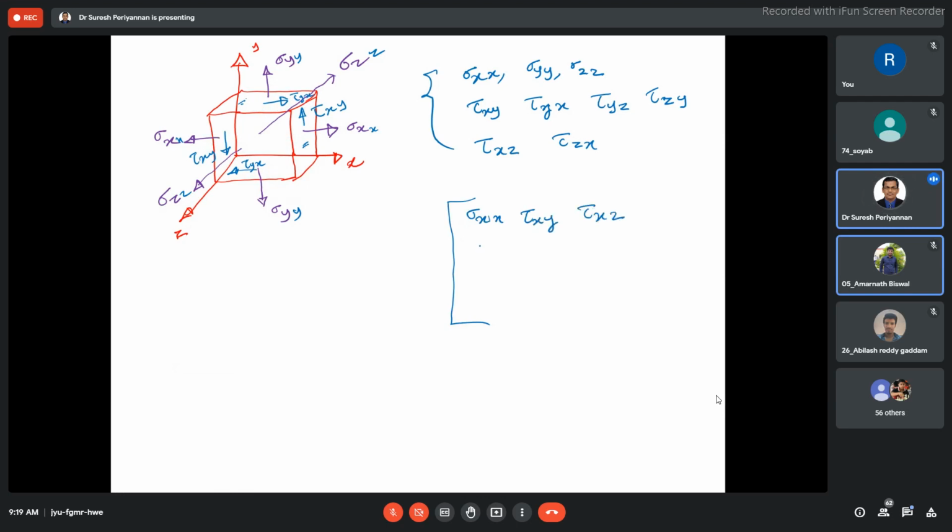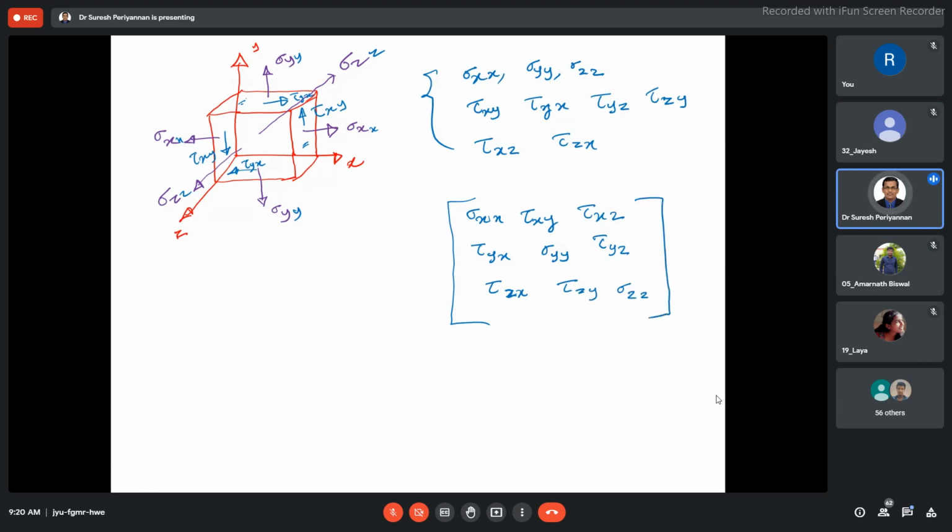Then tau yx, sigma yy, tau yz. Am I right? Student: Sir, it's tau yz. Oh sorry, correct, thank you. Here tau yz, then tau zx, tau zy, sigma zz.